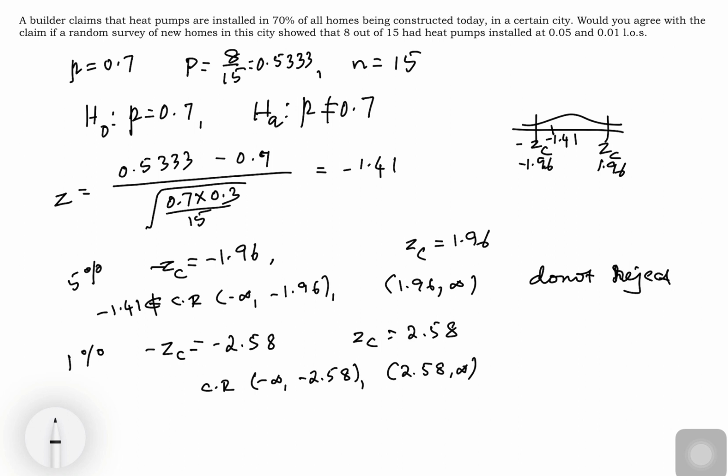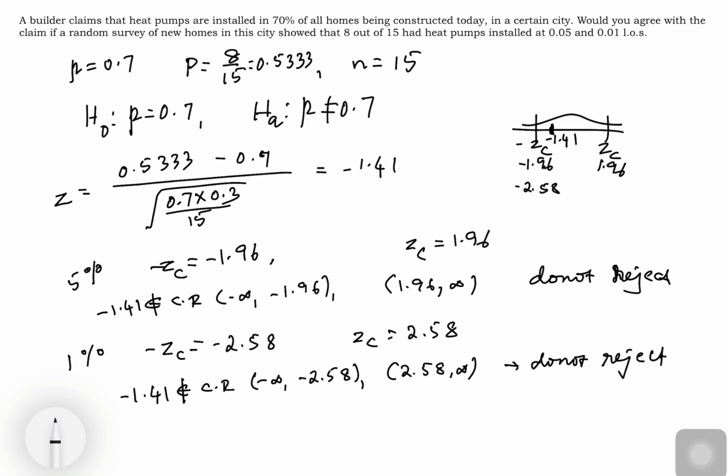So again this minus 1.41 does not belong to the critical region. So if suppose this is minus 2.58, minus 1.41 is here, so it does not belong. So again we are not rejecting the hypothesis. So do not reject the hypothesis. So here we are neither at 5% nor at 1% rejecting the hypothesis.